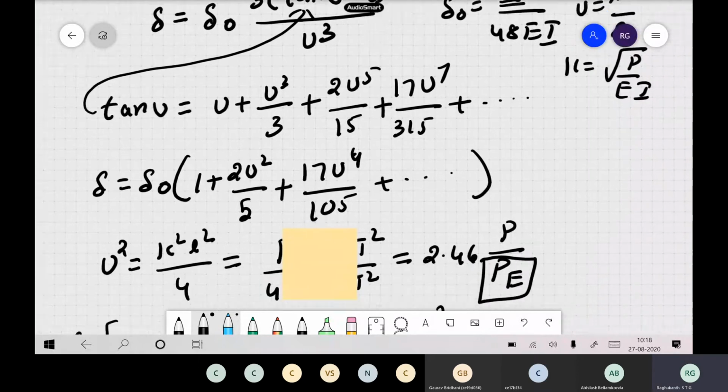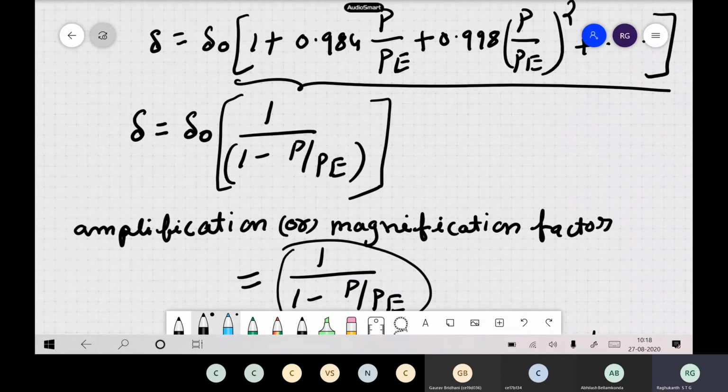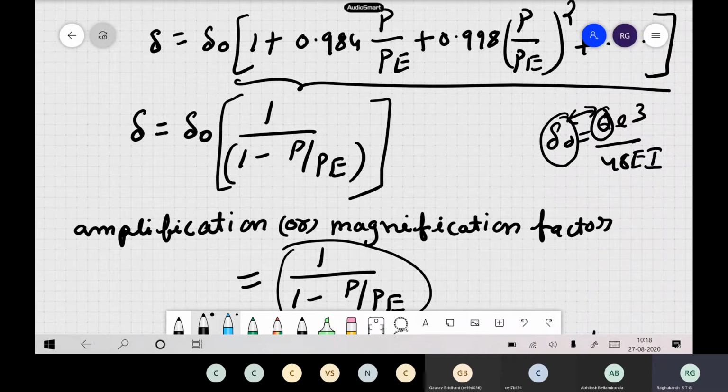See how delta is related to Q, to QL cube by 48 EI that we have written here. So delta naught is QL cube by 48 EI. You can see that Q and the maximum deflection have a linear relationship.